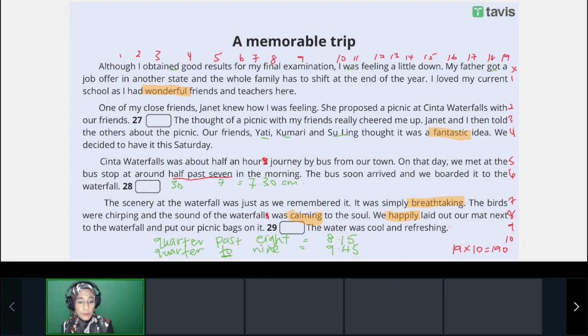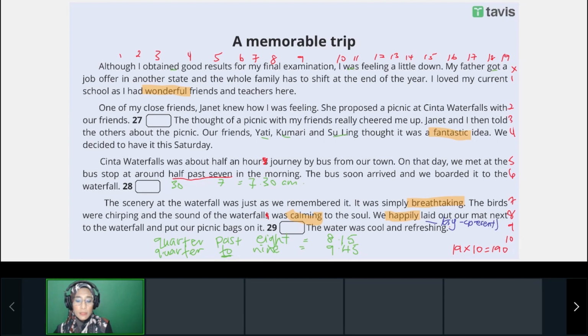Why is it an adverb? It modifies the word laid. And the present tense for this is lay, L-A-Y. Let me just write that down for you. This word here, the present tense is L-A-Y, lay.